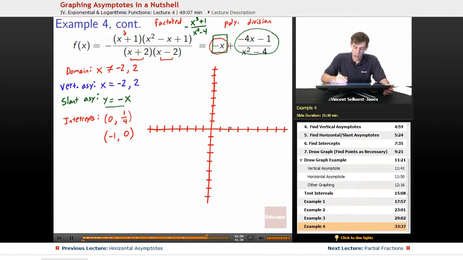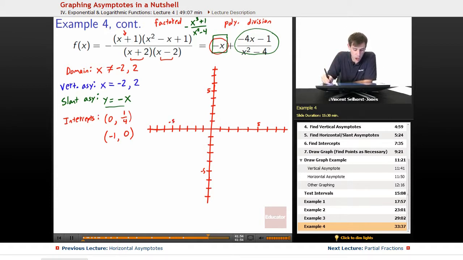I'm going to mark in a location of 5, just so we have a little reference that we can easily find our way around. Great. So we have a little bit of reference there on our graph.